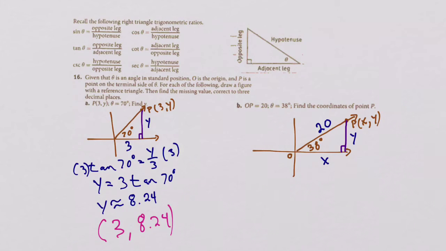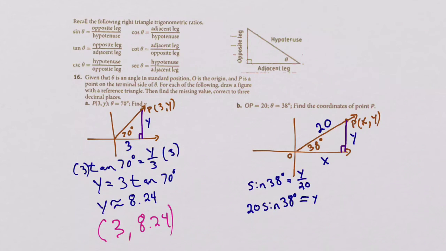So really what you need to do is look at your 6 trig functions. We have sine is opposite over hypotenuse. Conveniently, as we've already started talking about the unit circle, sine is also the y value on the unit circle. So to find my y value, I'm going to say sine of 38 degrees equals my y value divided by my hypotenuse, which will end up being 20 sine 38 degrees equals y.